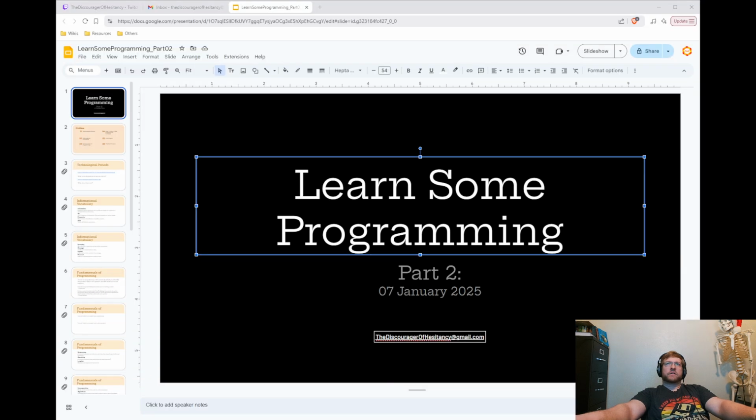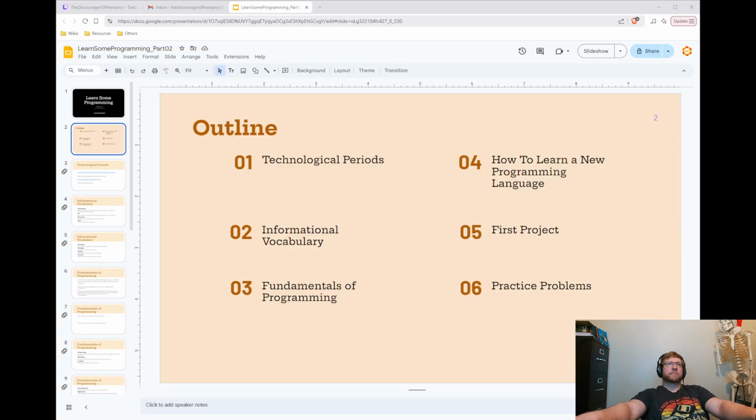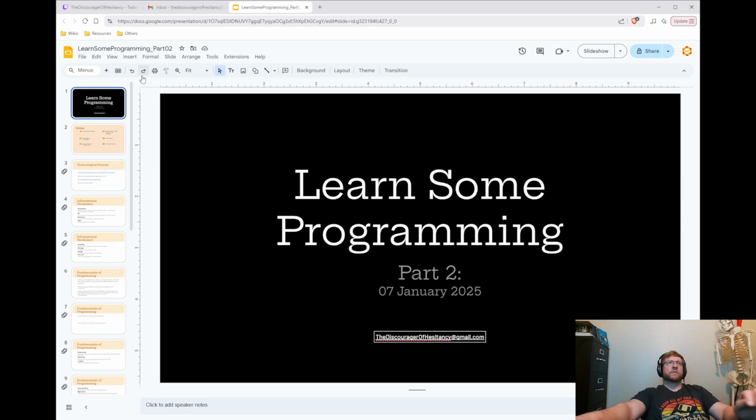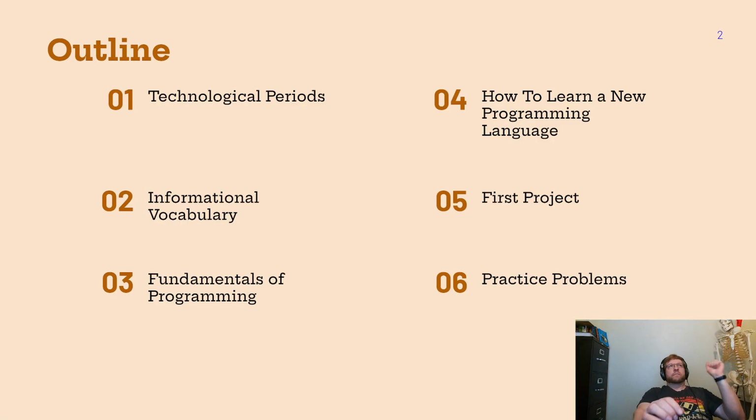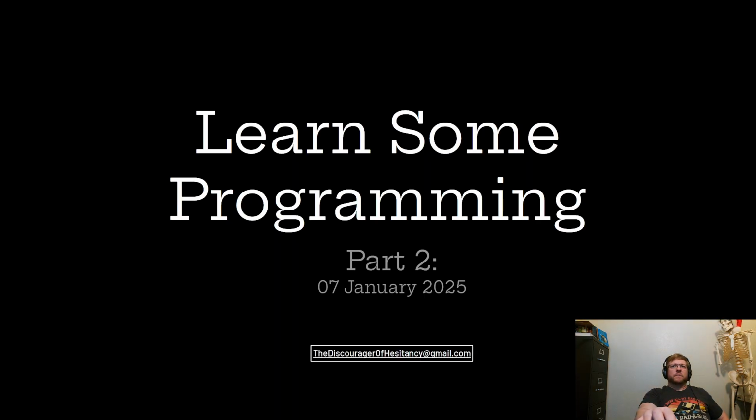I'll attach the slides to the YouTube video when I upload it, so you can always go get the slides yourself later. In the meantime, let's get started. Assuming I've got things set up. Yes, all right. Did I update the labels correctly?